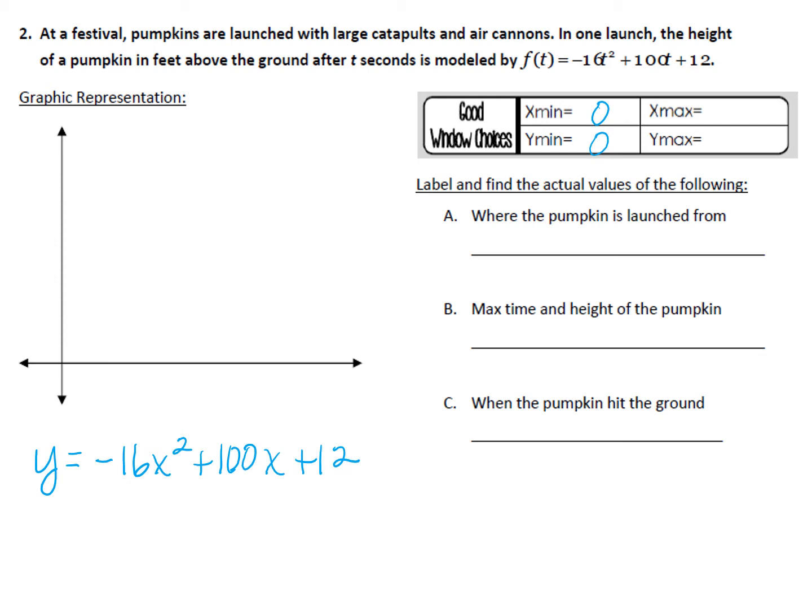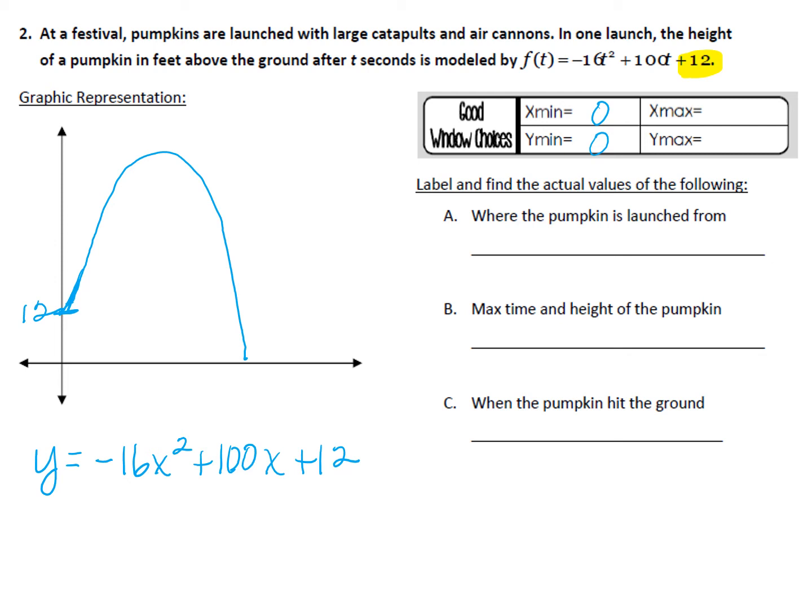We can do a sketch. We know that that initial height is 12. And the reason I know that it's 12 is because it's represented by the constant. And so I can come over and sketch my picture. And again, just a rough sketch. It's got to go up and come back down. So this point here where it starts was 12.